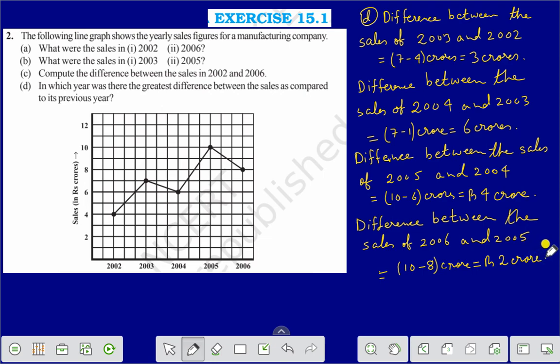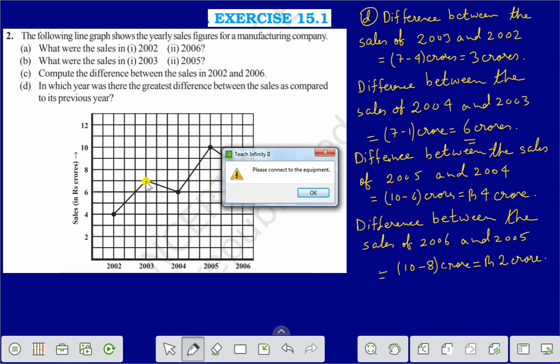Now the question was, in which year was the greatest difference between the sales as compared to its previous year? Let me check the difference between the sales of 2004 and 2003. In 2004 it is 6 crore, and in 2003 it is 7 crore.